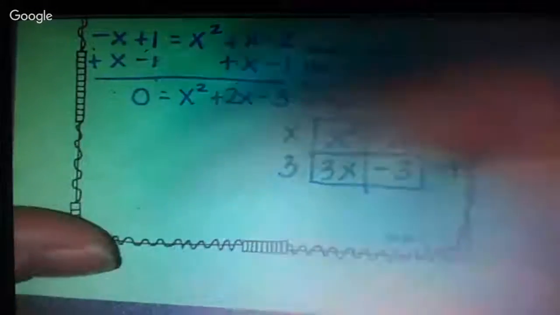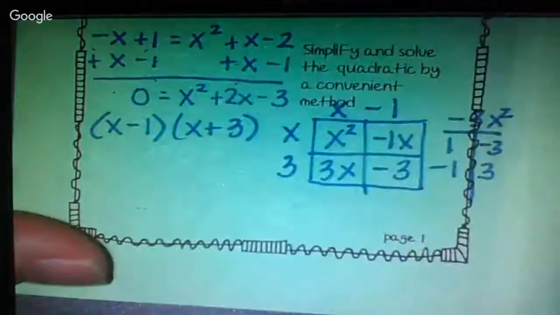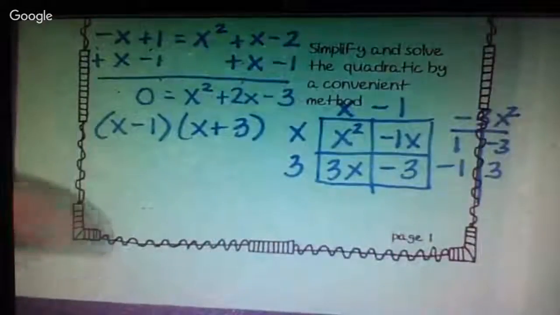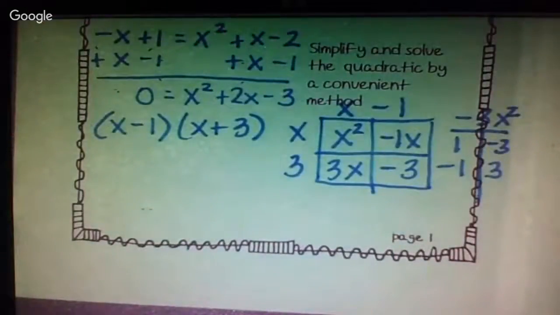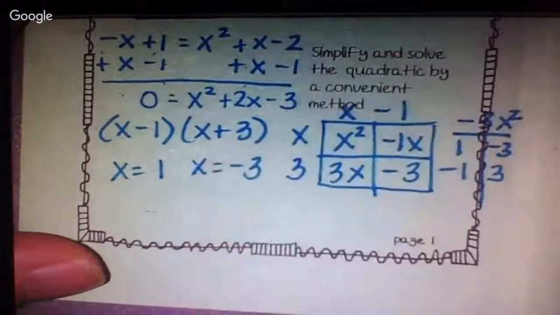So my factors are x minus 1 and x plus 3. It wants you to solve. So once it's in factors, your actual answers are opposite of what's in the parentheses, just like your transformation. So your x actually equals 1 and negative 3.